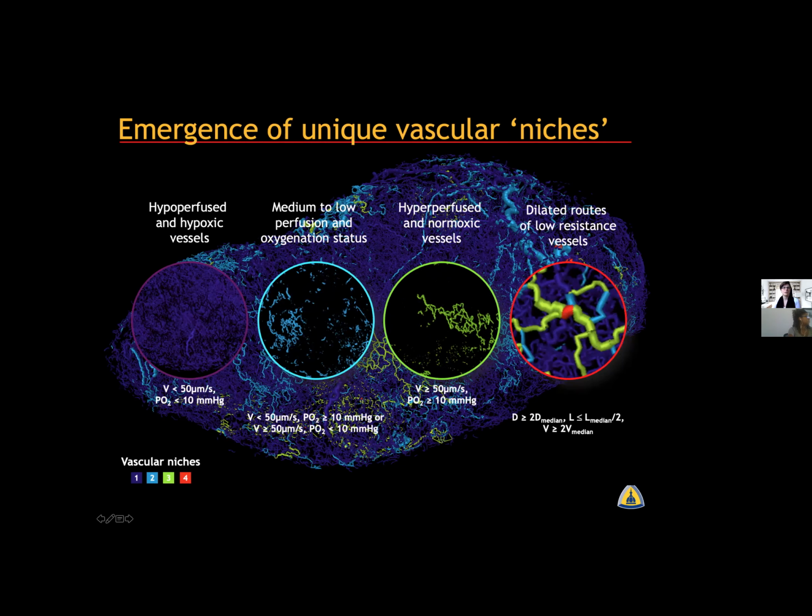And then we have very unique vessel segments where they are dilated and very low resistance vessels. So again, this is a very powerful tool where we can now use imaging data to create sophisticated mathematical models and simulate the emergent properties of a tumor and identify these unique vascular niches within the tumor.